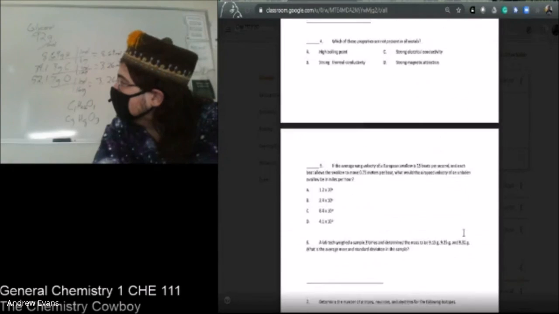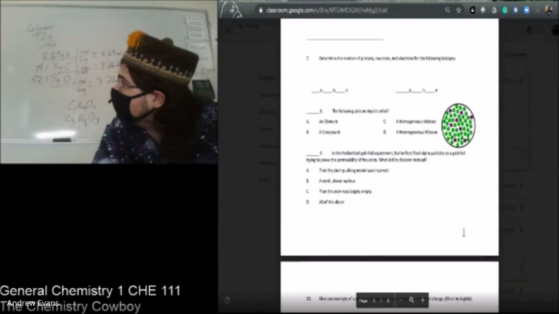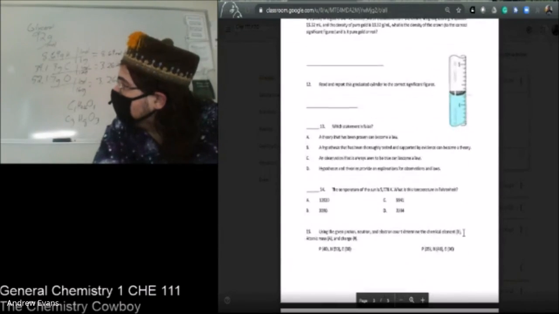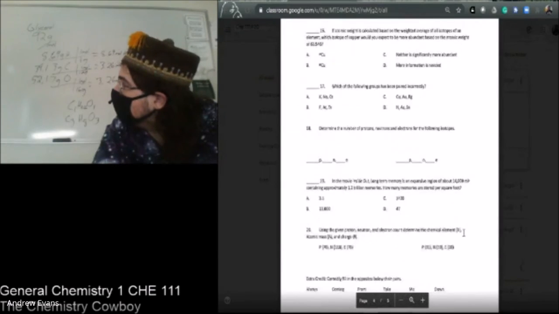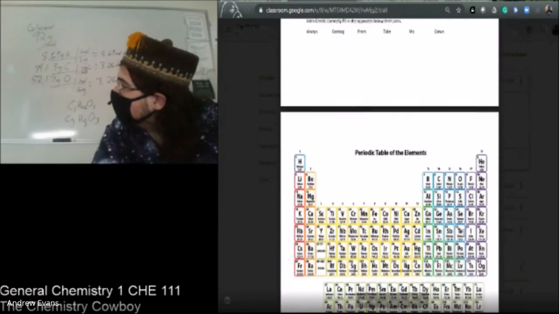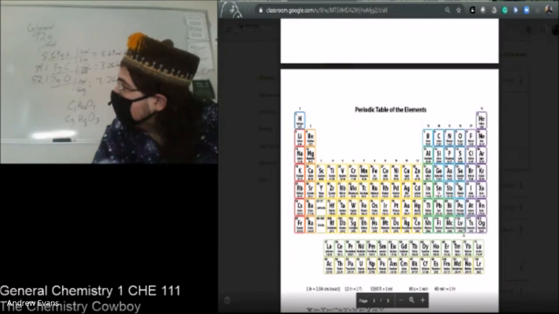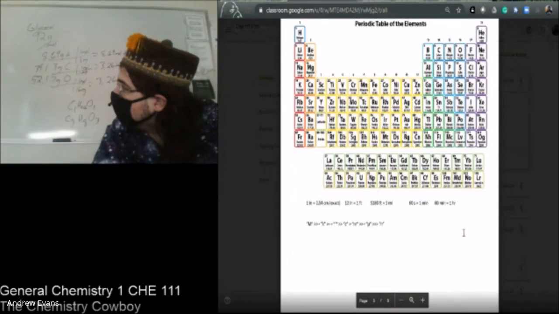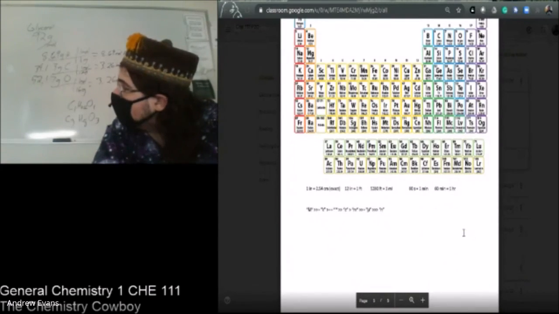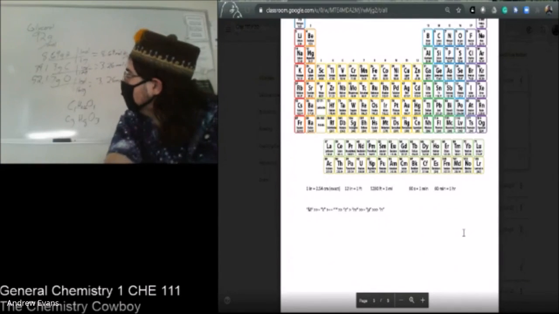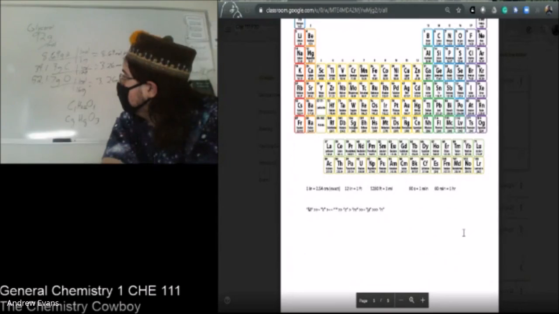Scroll down. So some of these are naming, but at the very end, you always get a periodic table. And I've actually added more useful information onto this one. There are examples of some of the useful information I gave. Some conversions of like how many miles.